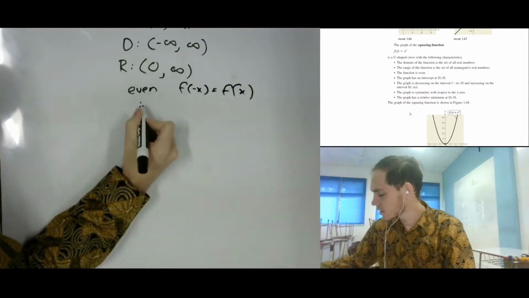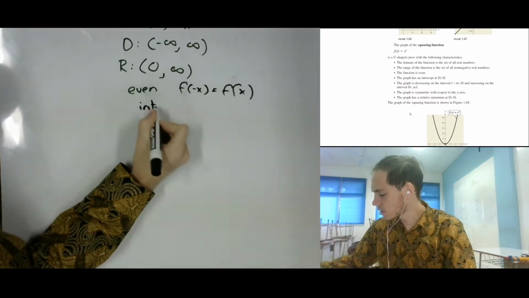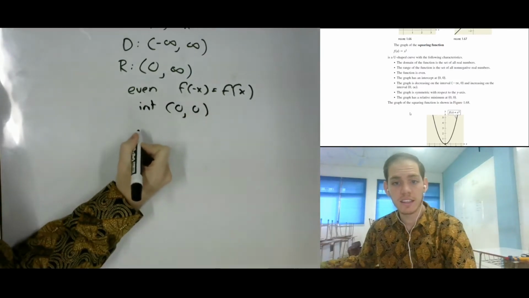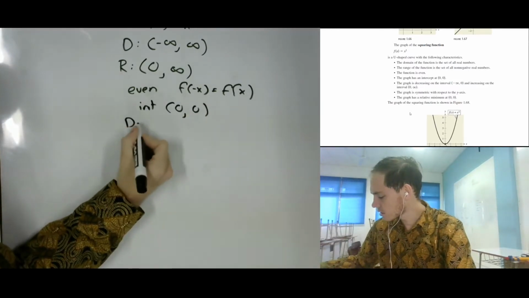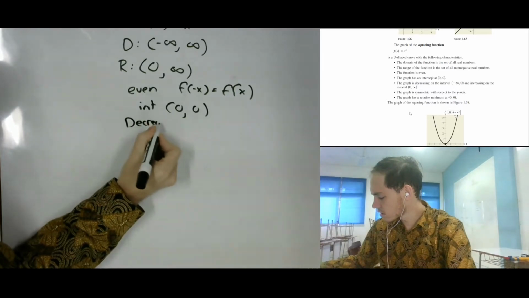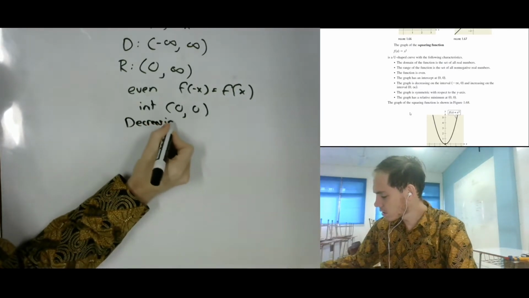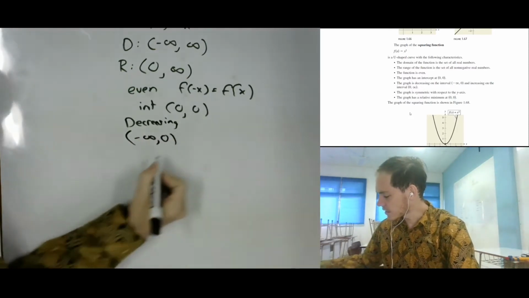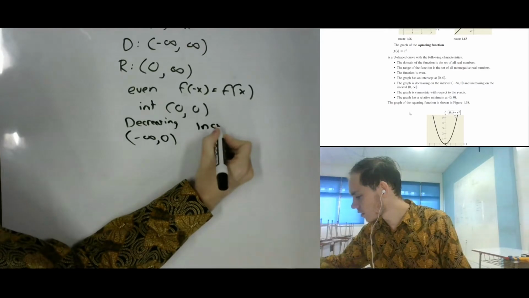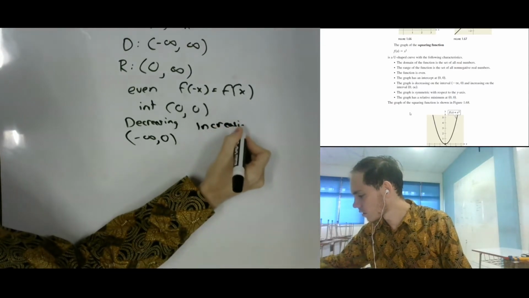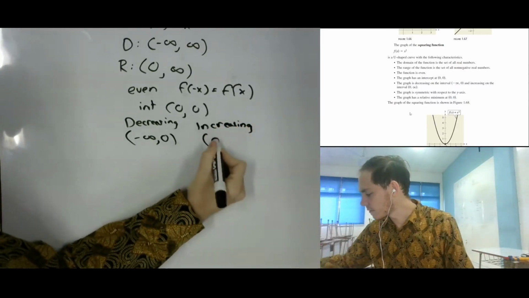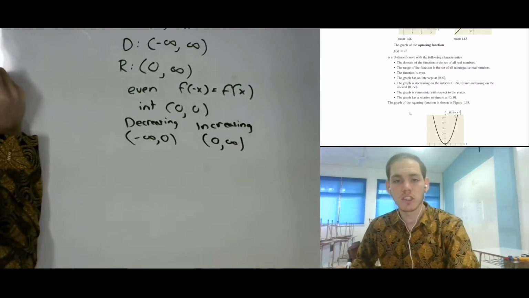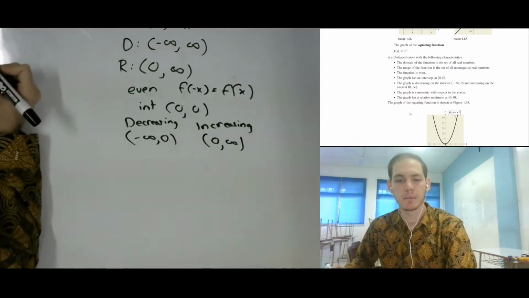Its intercept is at 0, 0, and it's decreasing on this side of the graph, and it's increasing on this side. It has symmetry about the y-axis and a relative minimum at 0, 0.